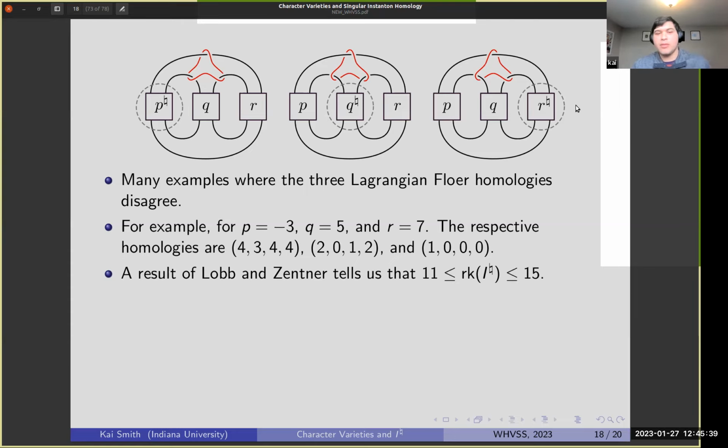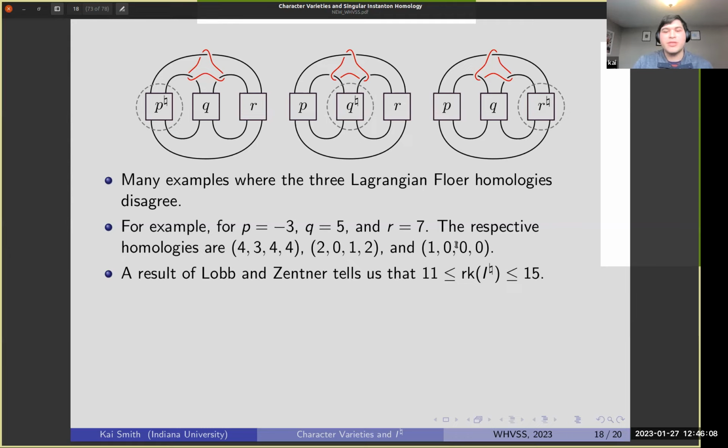So for example, for the -3, 5, 7 pretzel knot, if I take these three different decompositions, I get the following homologies. So remember, it's Z4 graded, so these are the ranks in each of the Z4 gradings, but the total rank of the instanton homology is 15 in one case, 5 in another case, and 1 in another case. We know the only knot that can have instanton homology rank 1 is the unknot.